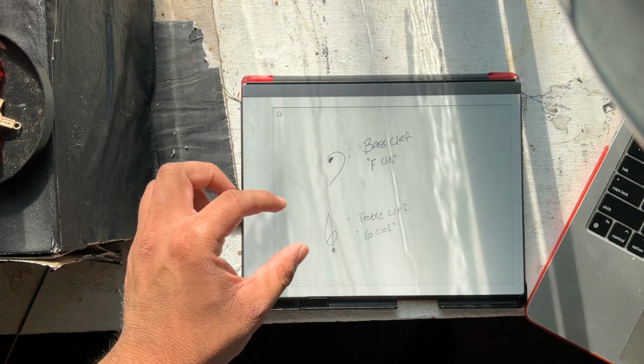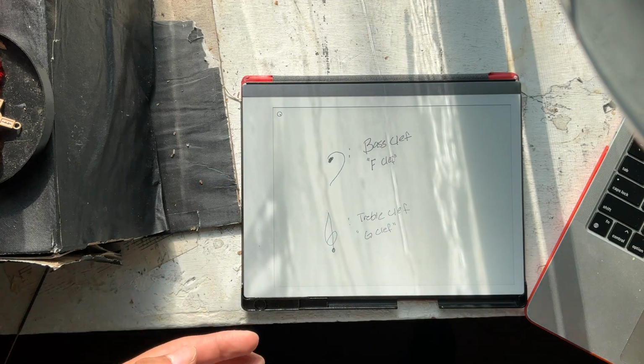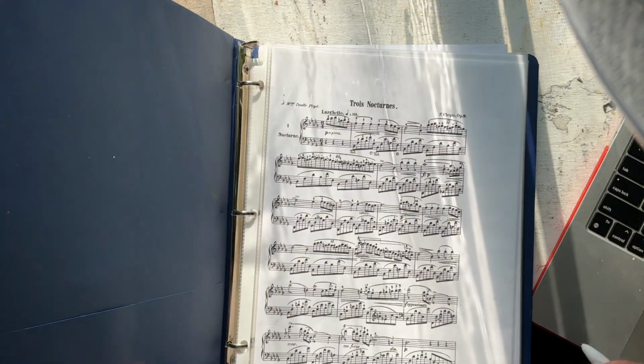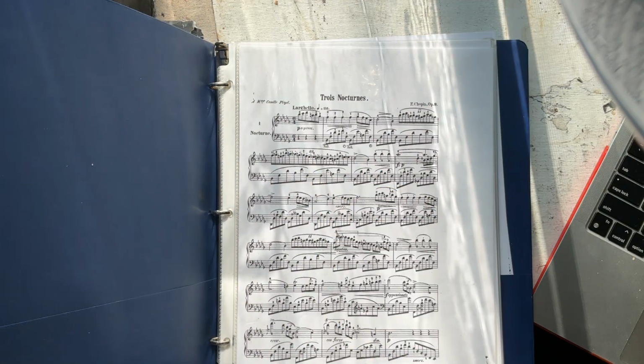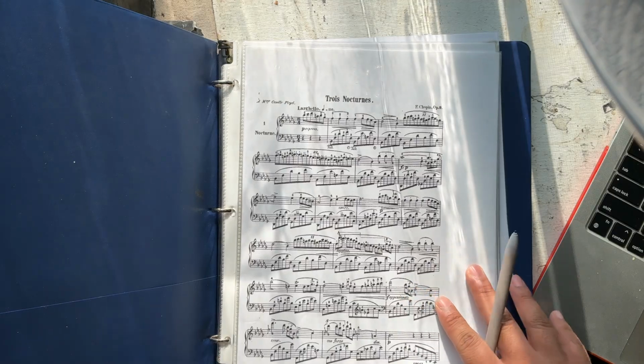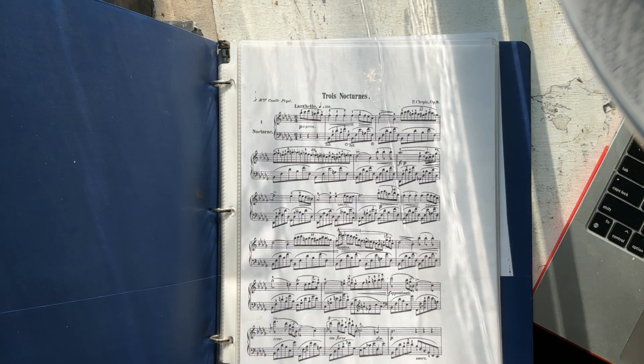There are instruments that use both of these at the same time. You probably noticed that in the sheet music I gave as an example, it has both of these on here. This is piano sheet music. The piano is a very complex instrument, but it's also very diverse and has a big range in what you can do.